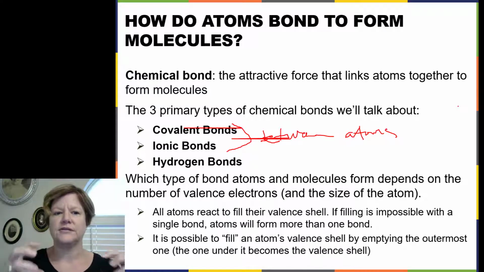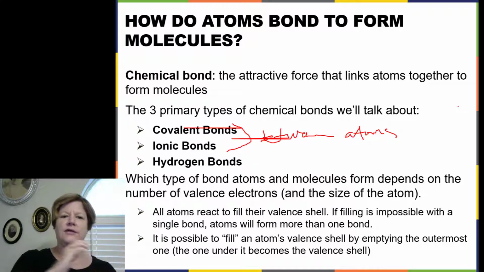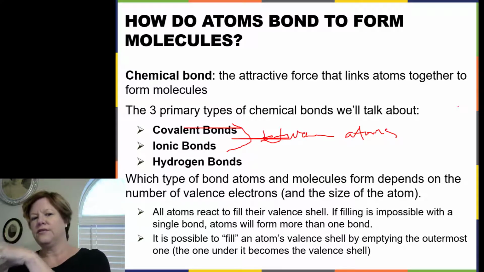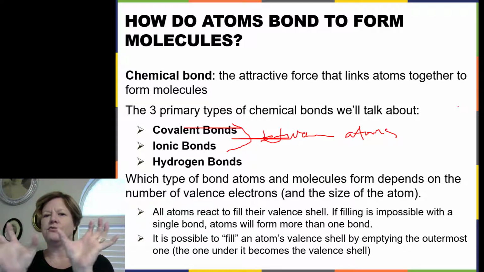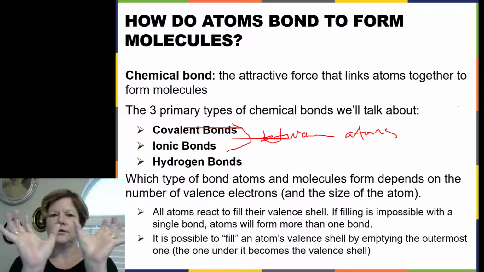Ionic bond, the same thing, a type of bond between two atoms that makes a molecule. Hydrogen bonds are different. Hydrogen bonds are between one atom in one molecule and a different atom in another molecule. So hydrogen bonds hold a molecule to another molecule.